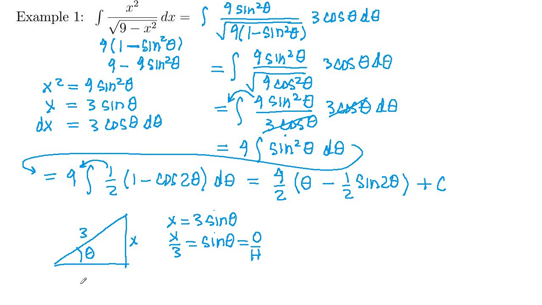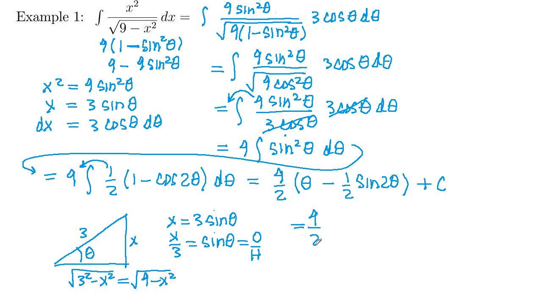The side down here is the square root of hypotenuse squared minus opposite squared, so the square root of 3 squared minus x squared, which is root 9 minus x squared. That root 9 minus x squared should look familiar. It's part of the integral. And that always happens: when you use your triangle to change back, one of those sides should involve part of the integrand. So if sine theta is x over 3, then theta is the angle whose sine is x over 3, which is inverse sine of x over 3.